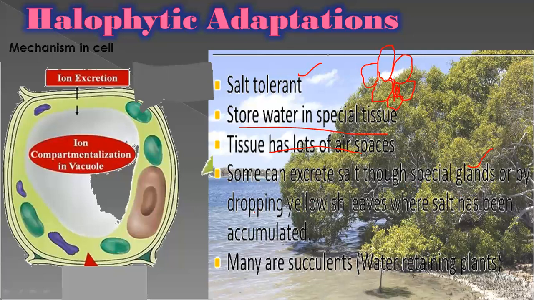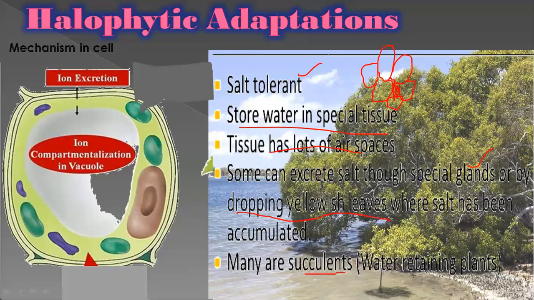And sometimes when there is too much salt in their bodies, it accumulates in the leaves, and then the leaves get a yellowish color, and then the leaves fall from the trees, and they get rid of excessive salt.